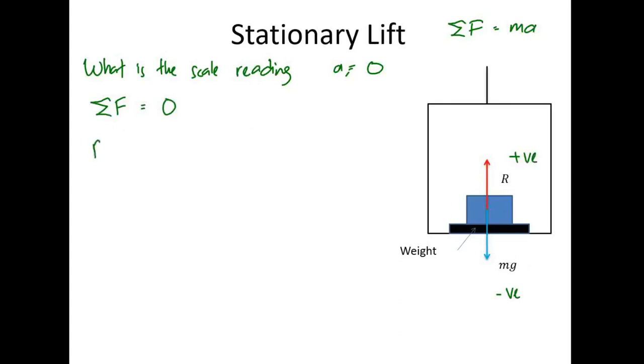So R minus mg equals 0, so R equals mg. So this is the equation that we want. In this situation, the scale reading is R.